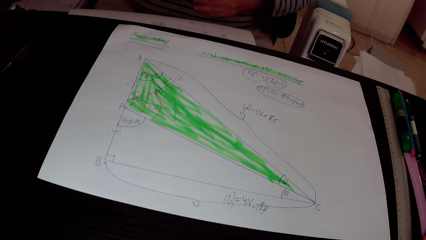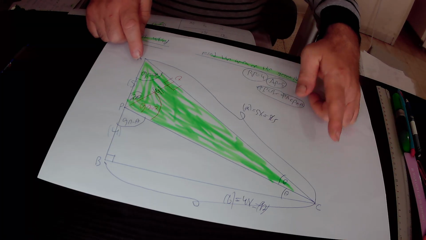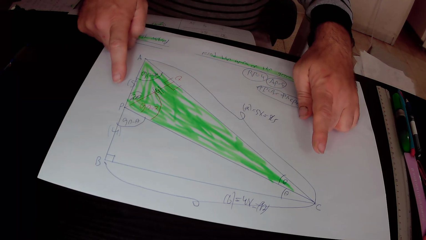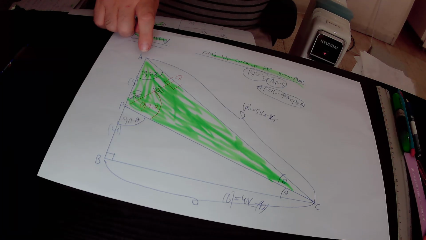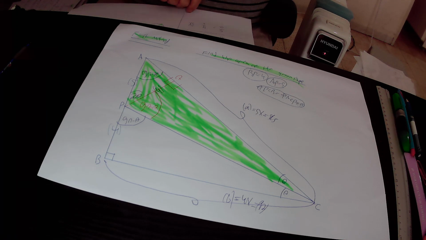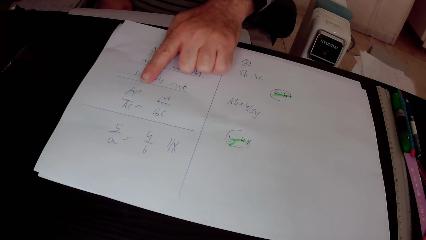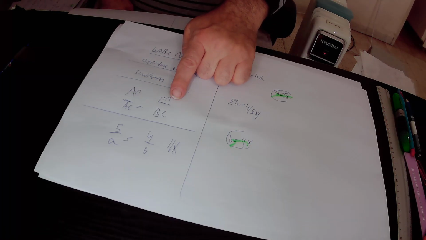Side AP of the small green triangle APQ over side AC of the big right triangle ABC is equal to side PQ of the small green triangle over side BC of the big right triangle ABC.